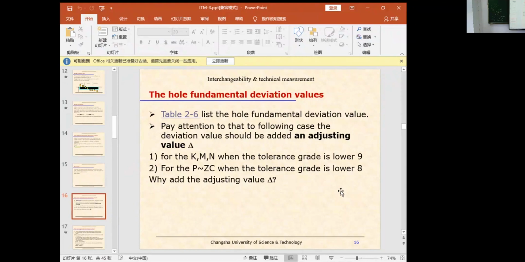Actually, what's the condition? Before you add the condition, the feature is: if the current grade is larger than 7 or 8, there is no data. If it's less than 8 or 7, they have data.